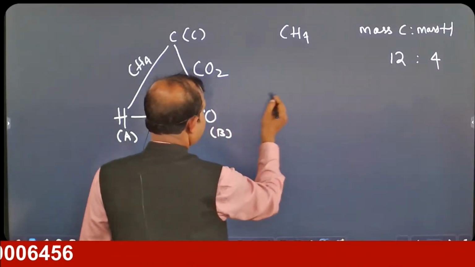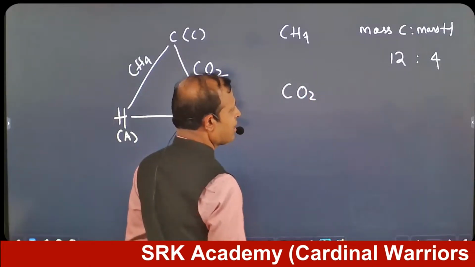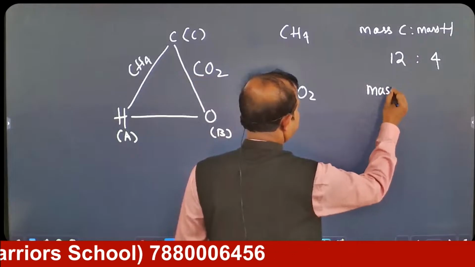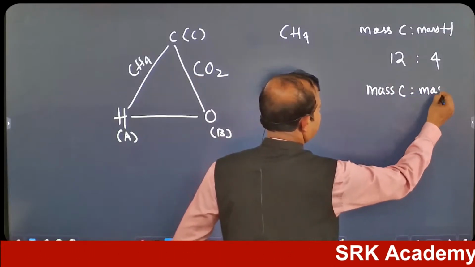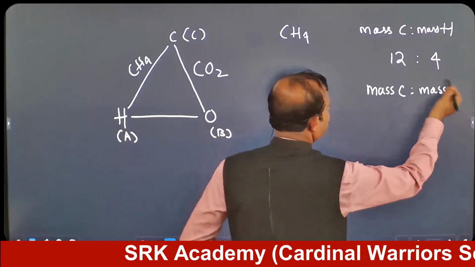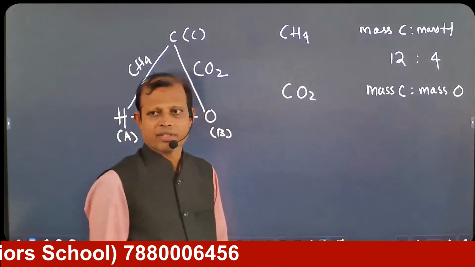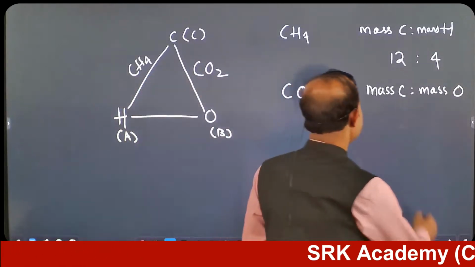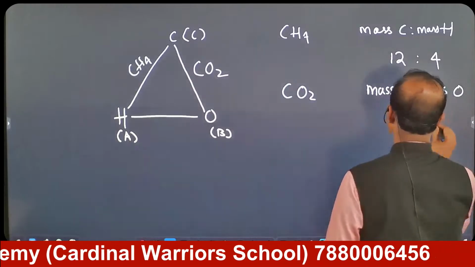And in the case of the compound carbon dioxide, the ratio of the mass of carbon to the mass of oxygen is 12 is to 32.